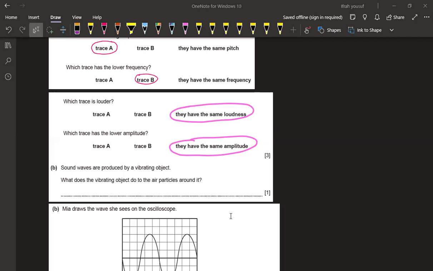It makes the particles move, vibrate, and carry the sound. Right. So the sound waves are produced. Acha, if this information is not given, the sound waves are produced by a vibrating object, so then we would have written that yes, sound waves are produced. But they are saying what does the vibrating object do to the air particles?